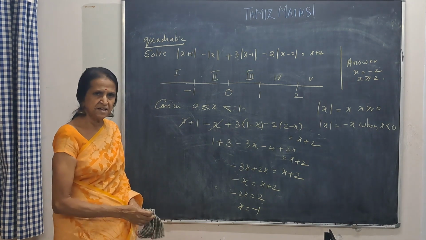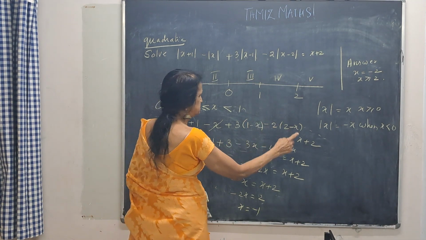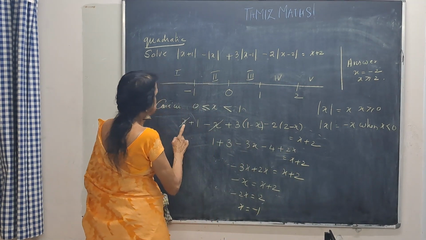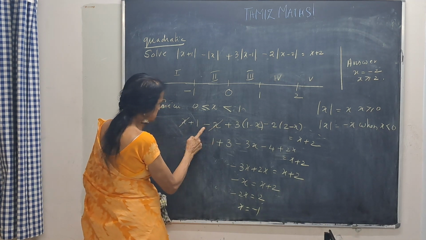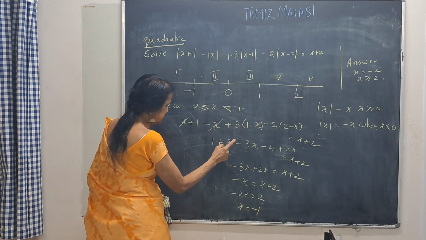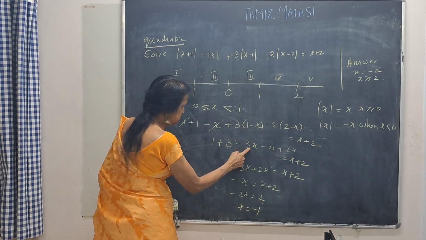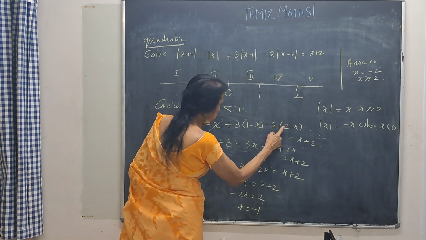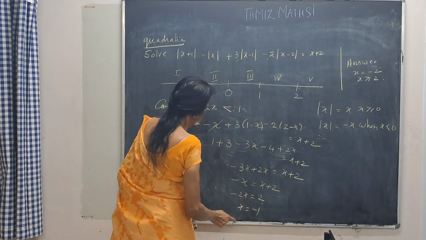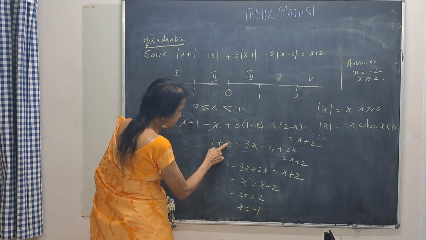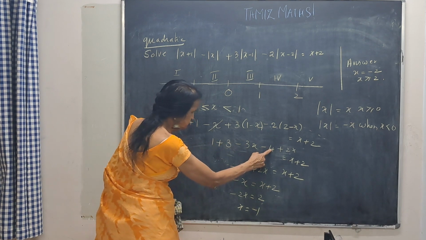Mod x is minus x when x is negative. That is equal to x plus 2. This x and this x will get cancelled. 1 plus 3 minus 3x minus 4 plus 2x, that will be equal to x plus 2. So 1 plus 3, 4. It will get cancelled with this 4.